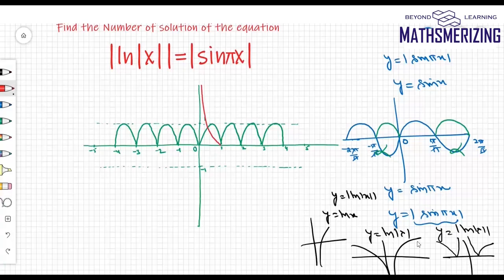Now the value of log x is 1 at e, and e is 2.7 something. So this graph will be drawn like this. And in the same way on the left hand side, we are going to draw the same graph. So these two graphs are intersecting at 1, 2, 3, 4, 5, 6, 7, 8, 9 and 10 points. So the number of solutions to this equation is 10.